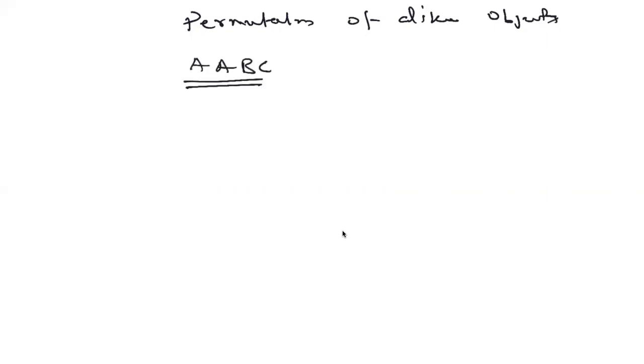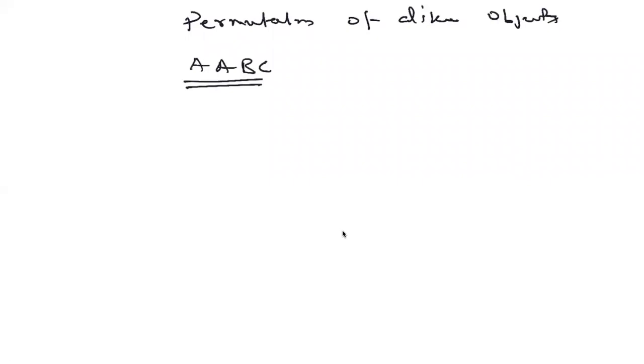Next is permutation of alike objects. Permutation of alike objects. What is the meaning of this? See, if I have to arrange A, A, B, C, these four.